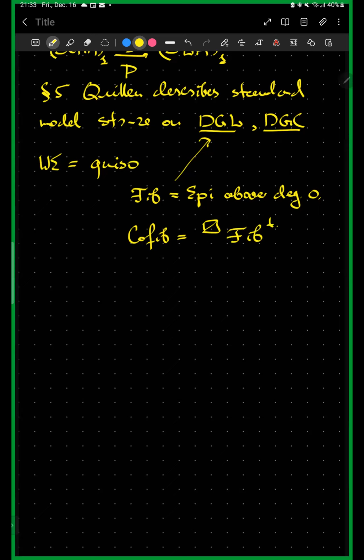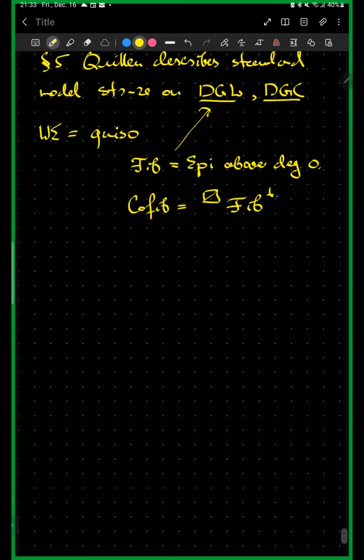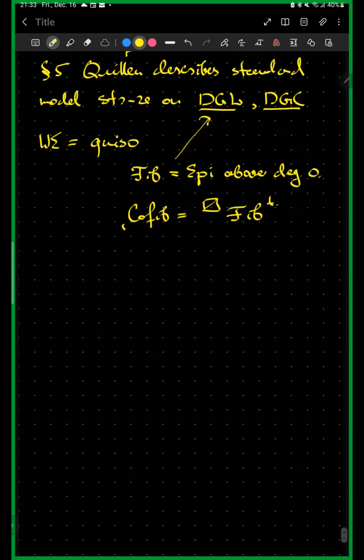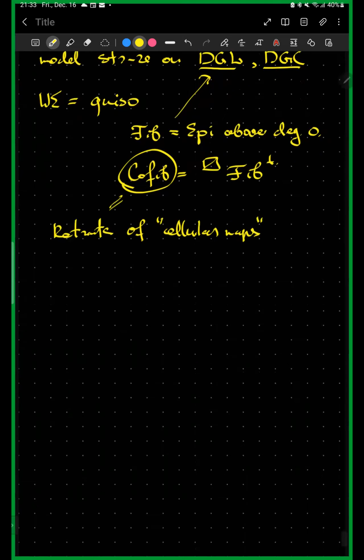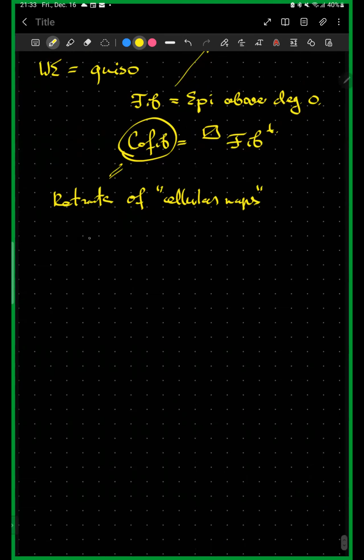But actually, since it is a cofibrantly generated model category, cofibrations can be described as retracts of cellular maps. So cellular maps are just something that can be obtained by transfinite composition of pushouts like this.